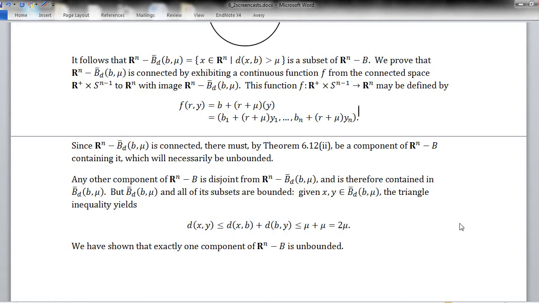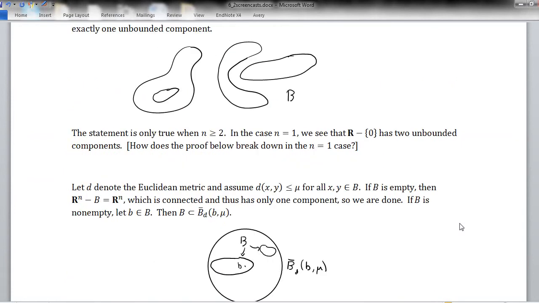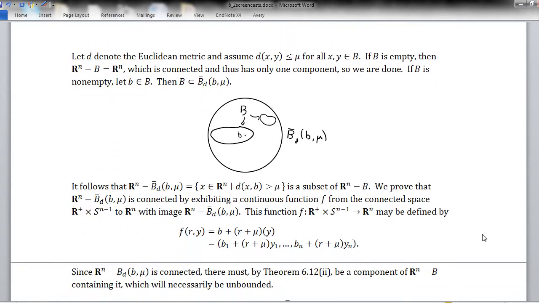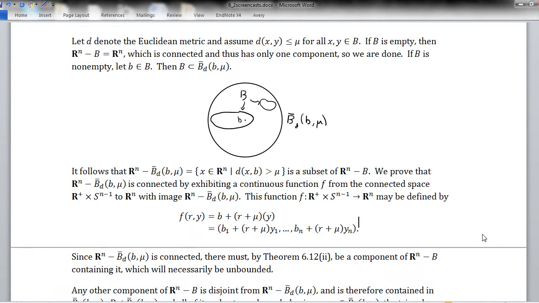All right, well, that finishes the proof, except remember, this should only have worked when n is greater than or equal to 2. So let's think about where this would fail in the case when n equals 1.